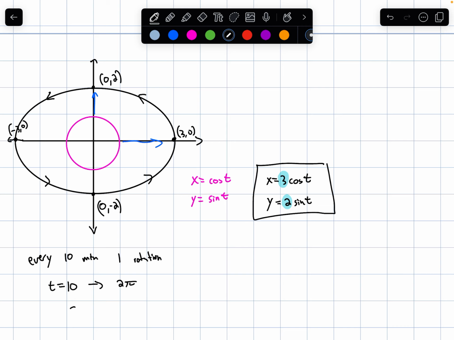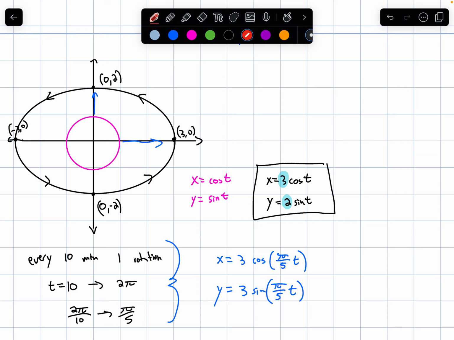So to accomplish that, I need to take 2 pi, divide it by 10, which is equivalent to pi over 5. So if I want this to be true, that I rotate around once every 10 minutes, I could use x equals 3 cosine of pi over 5 times t. And I can say y is equal to 2 sine pi over 5 times t.